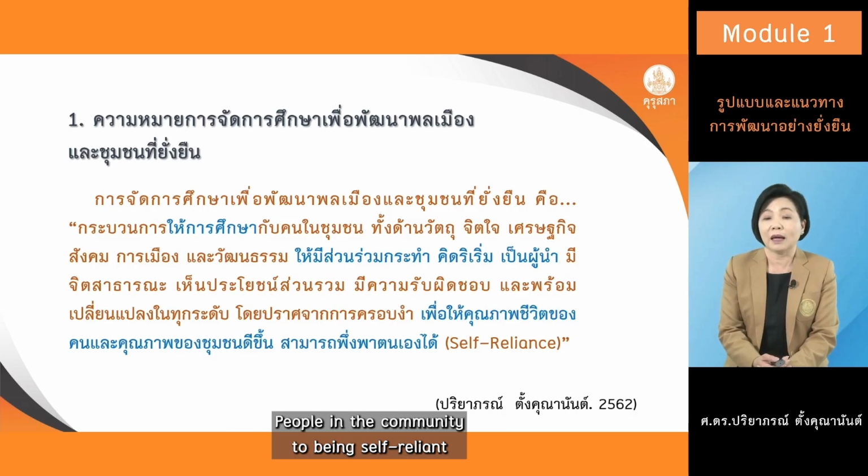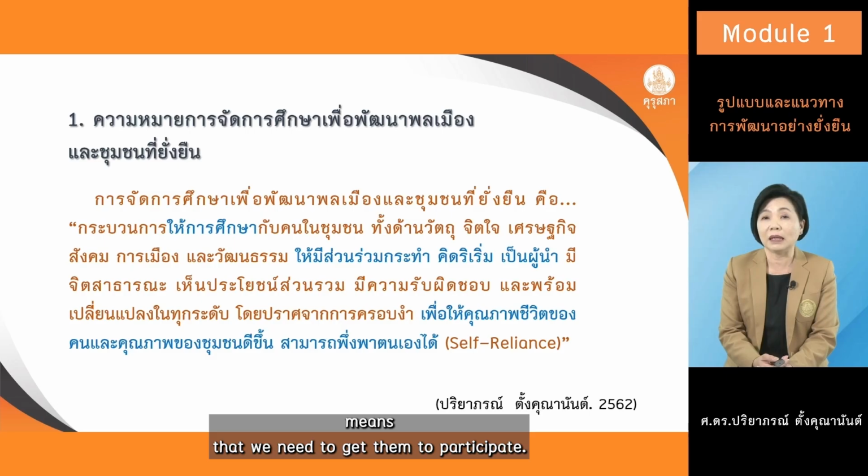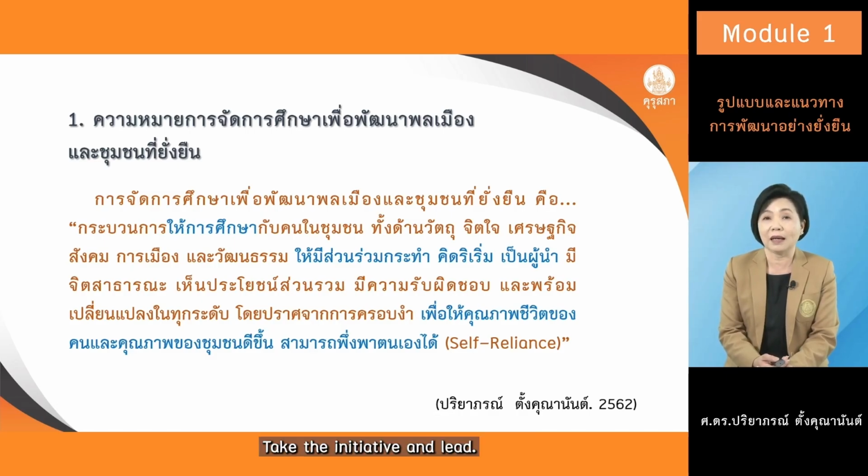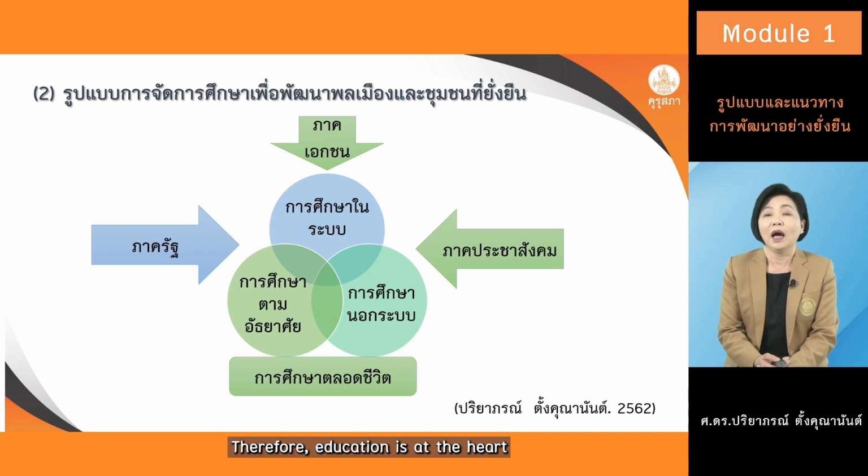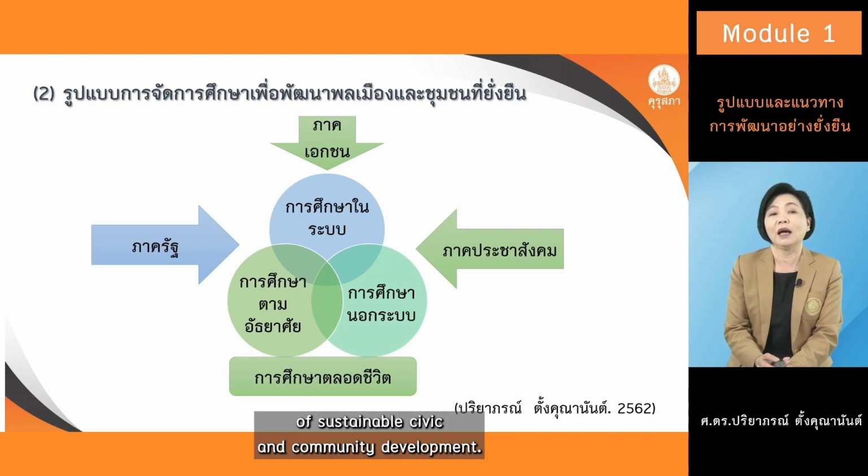If we want people in the community to be self-reliant, it means that we need to get them to participate, take the initiative and lead. It is necessary to start with education. Therefore, education is at the heart of sustainable civic and community development.